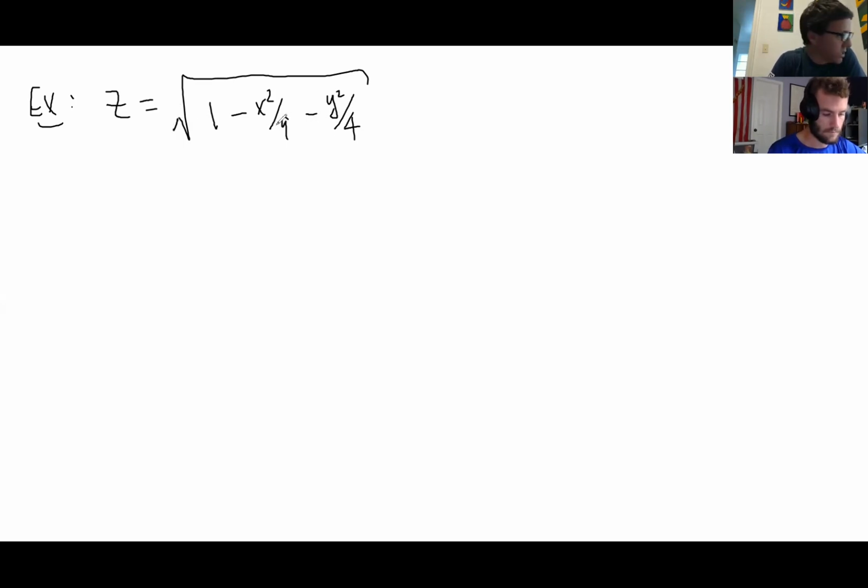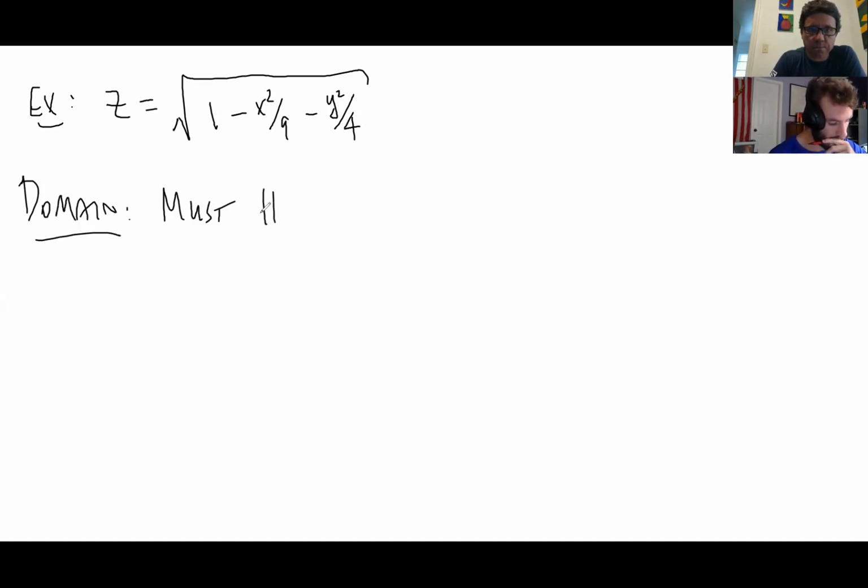We don't want the inside to be negative. So for the domain, we must have that 1 minus x squared over 9 minus y squared over 4 can't be negative. It could be 0, but it can't be negative. So it has to be greater than or equal to 0.